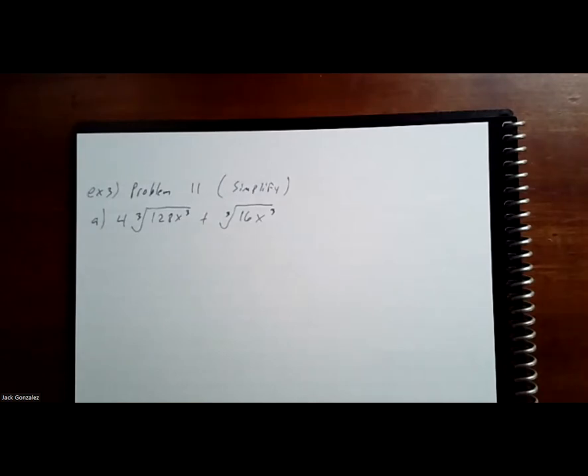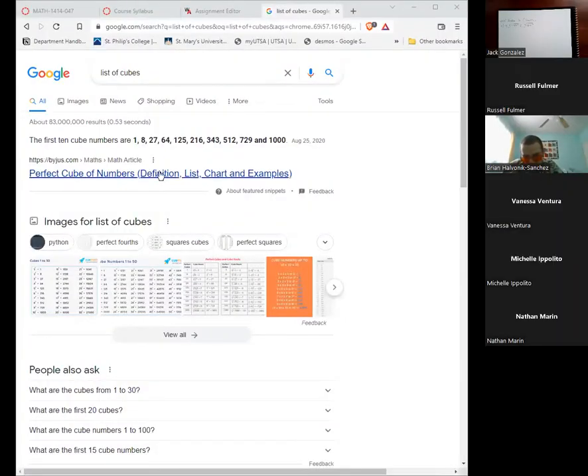All right. So same thing. Check if there's a cube inside 128. If you don't know the cubes, well, let's look them up. And it's no shame in that. All right. List of cubes. 8, 27, 64, 125. The only two I remembered were 27 and 125.